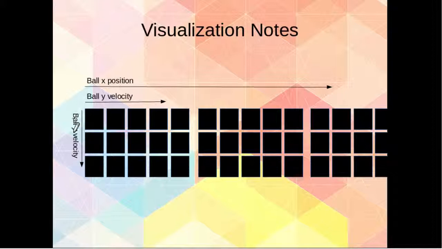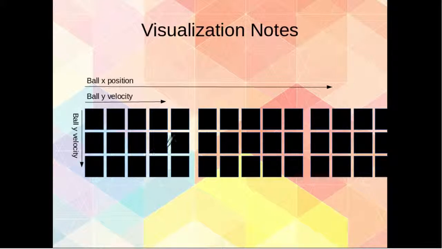The ball Y velocity is the vertical here, so down here the ball will be moving down right, here it'll be moving up right, here it'll just be moving horizontally right, and up here it'll be moving up left, and you get the idea. Down there is down left.